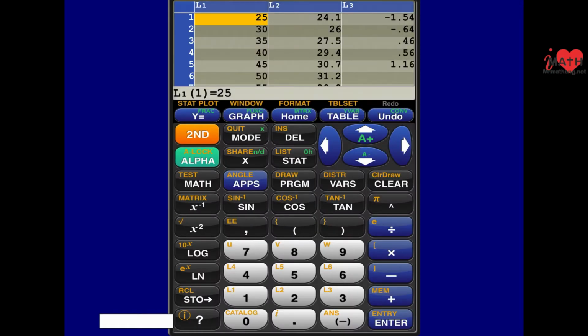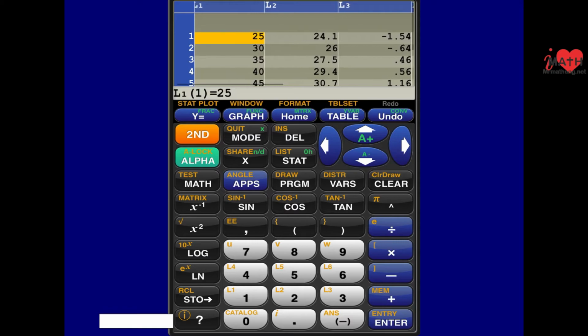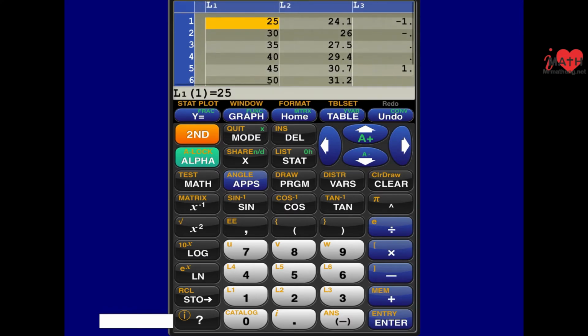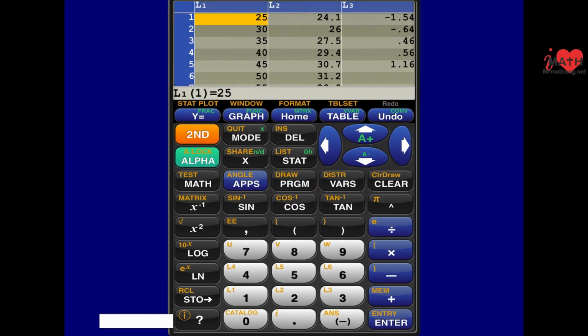Stat, edit. Let's try that again. Maybe I didn't input it. I don't remember. 0, 2, 5, 9, 16. Enter.